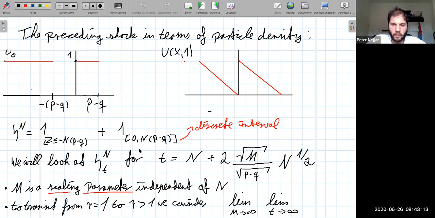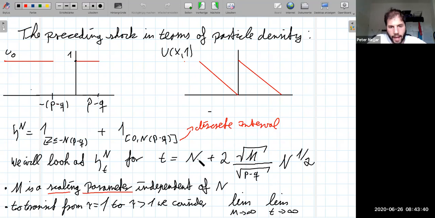And the fact that we're interested in a critical time regime where we transit from tau equals 1 to tau strictly bigger than 1, this will be realized by looking at the following time. So this is what you see here. So we will be looking at the ASEP at the following time.